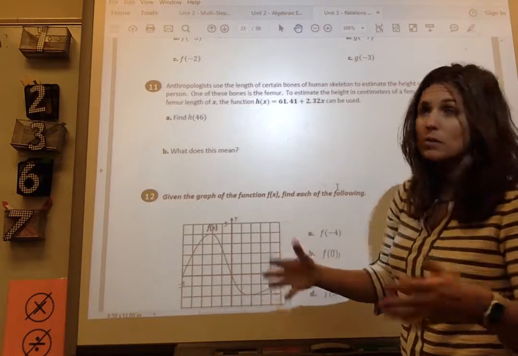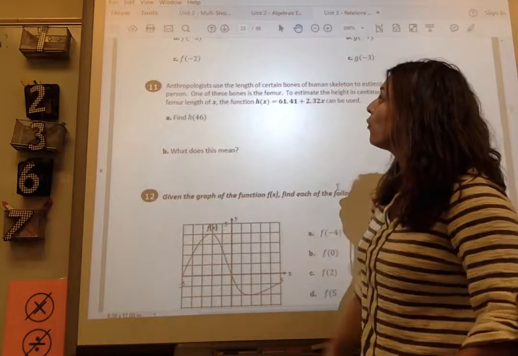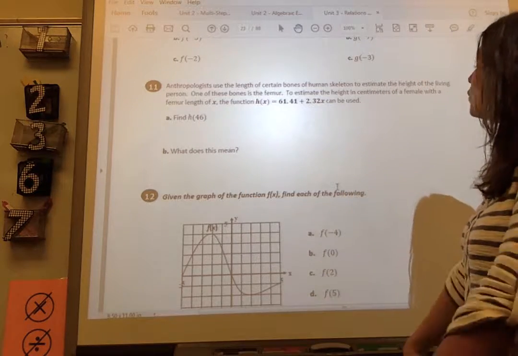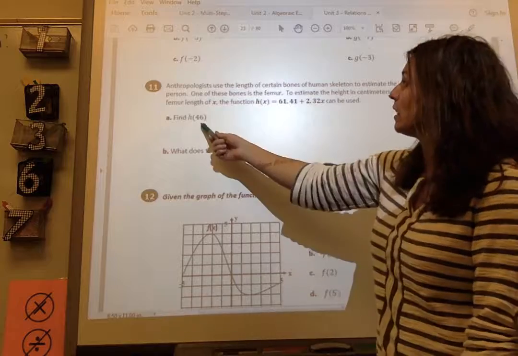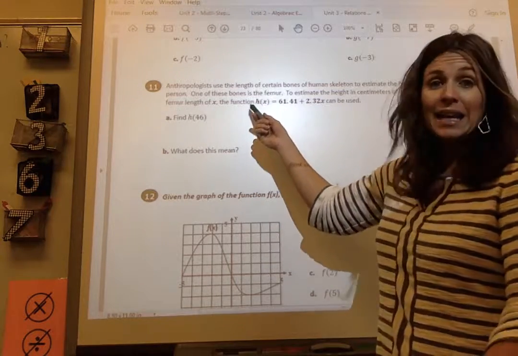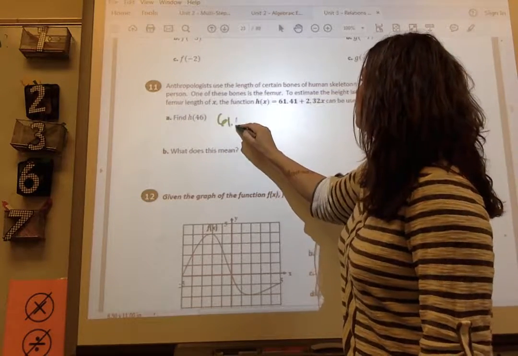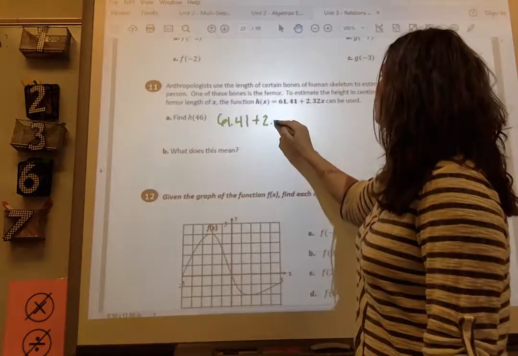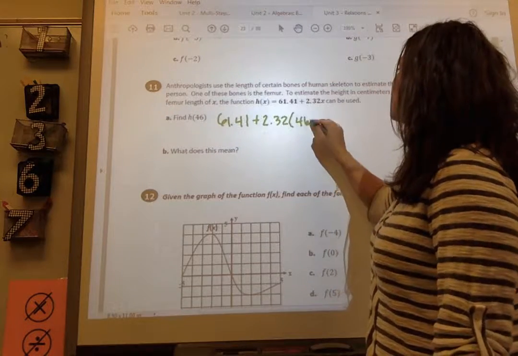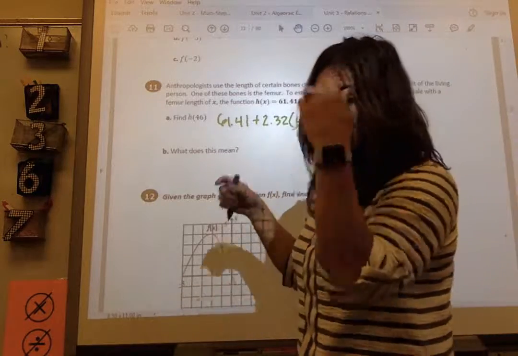So when they dig up the bones, now we have, they found the femur length was 46. Okay, so 46 was the length of the femur. So I'm going to plug it in here to find out the height of that female. So when I plug in 46, I get 61.41 plus 2.32 times 46. And I'm going to let the magic of my notes answer this question.